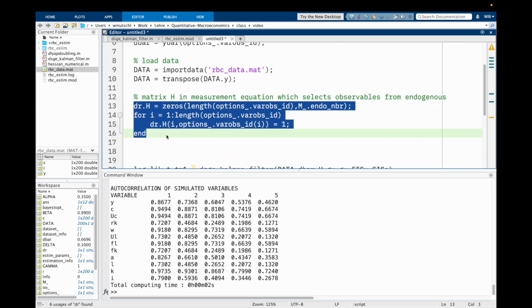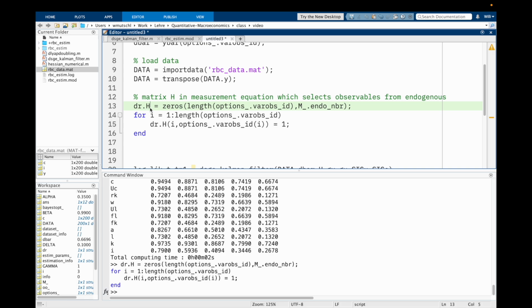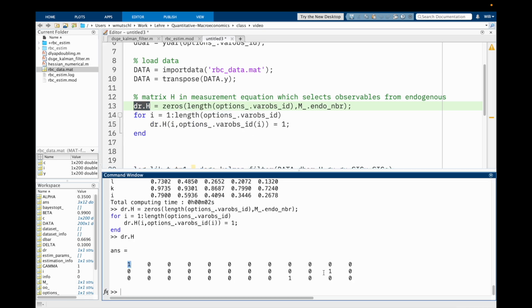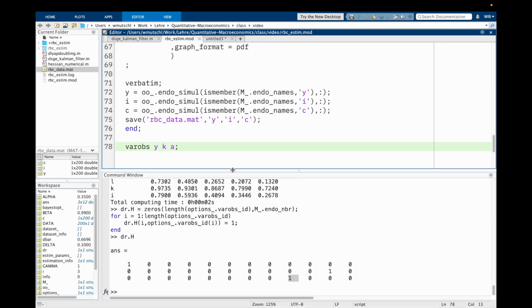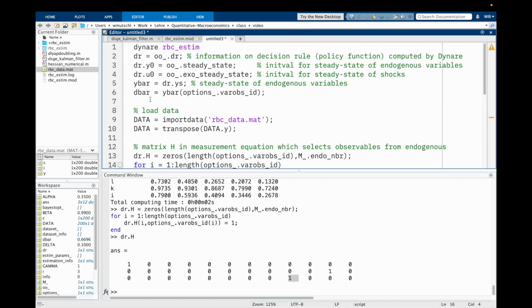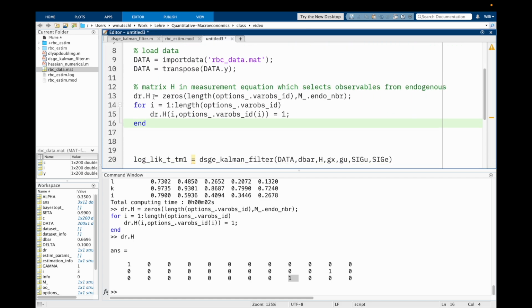Your DR H matrix will be looking like a matrix, and this is then Y, this is K, and this is C. Okay, great. But I'm just going to do one observable right now. Good. So I have my H, so I can plug in right here DR H.